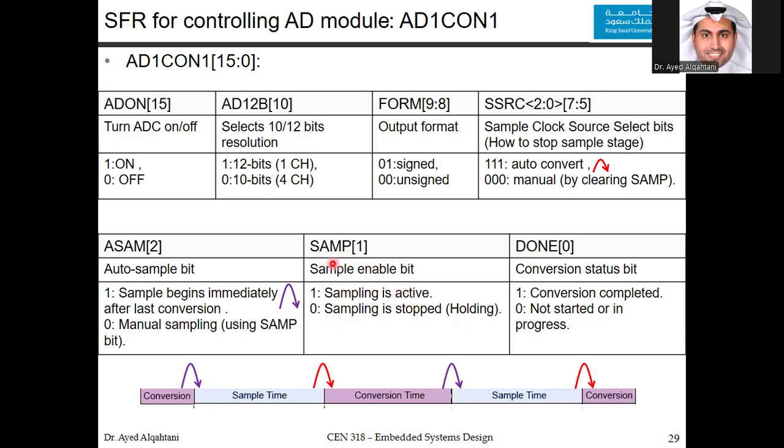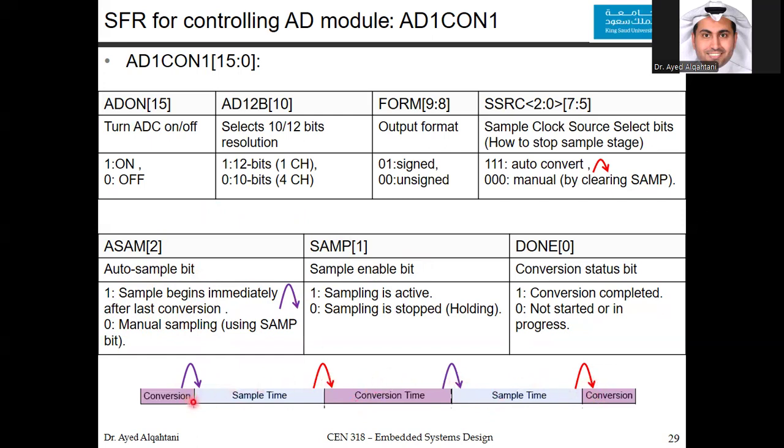This bit, to understand it better, is actually associated with the next one. The next one is the auto sample bit, which I represent by this purple arrow. If it is 0, then you have manual sampling. If it is 1, then the sample begins immediately after the last conversion. Remember, you have sample and then conversion, sample and then conversion.